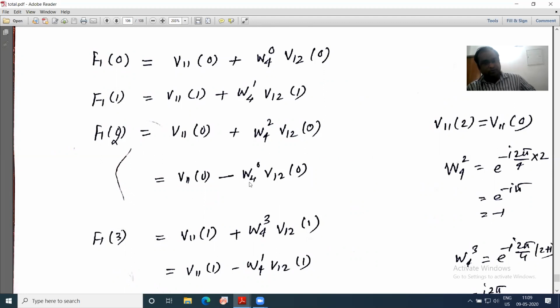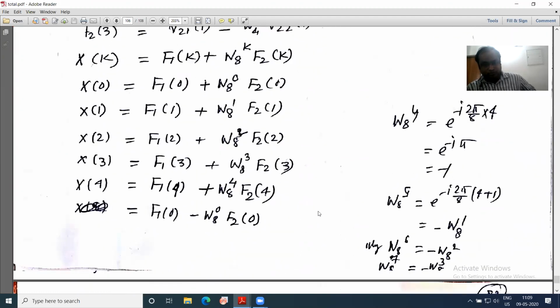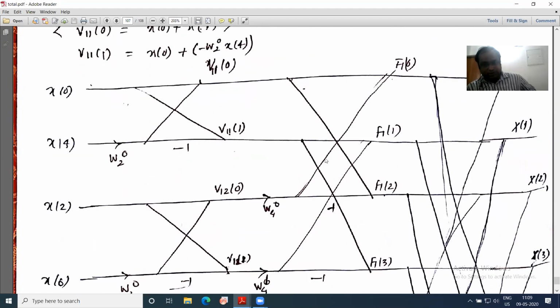So let us look at F1 of 2 here: v11 of 0 is coming here, and v12 of 0 with W4^0, and minus 1 is here. This is minus 1. So this is F1 of 2. Agreed?